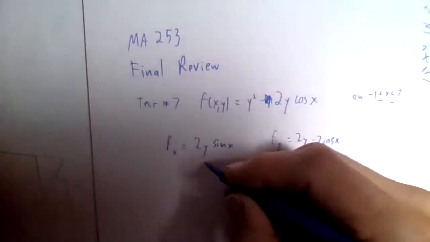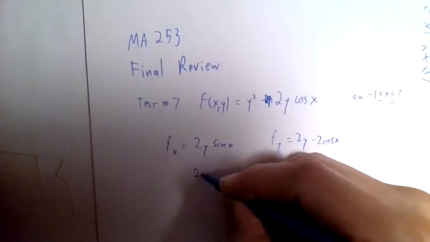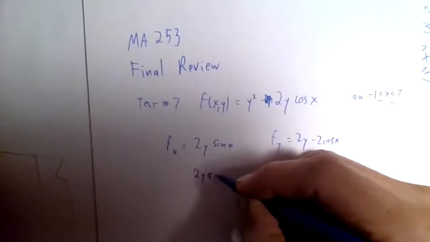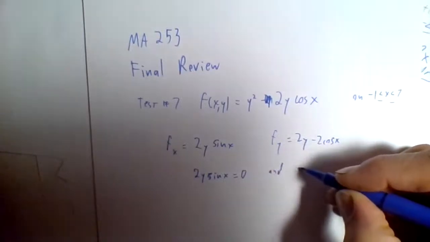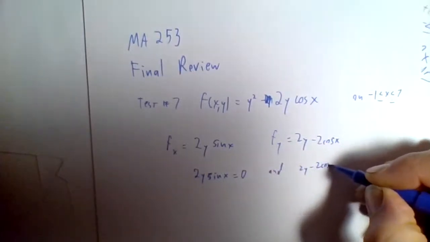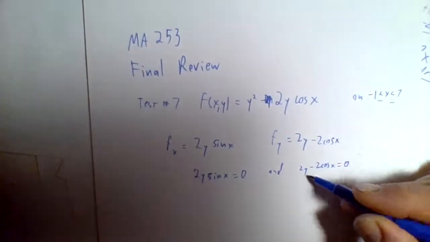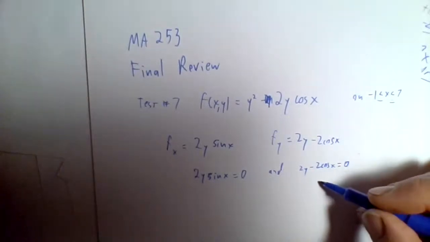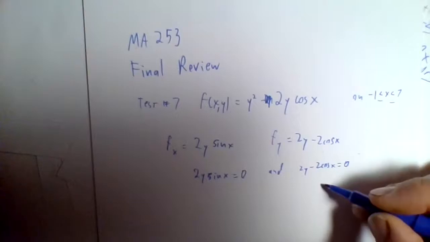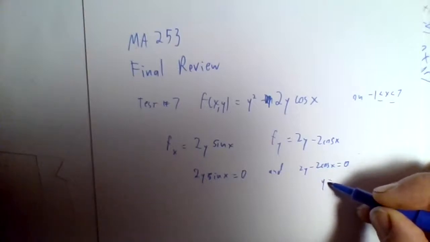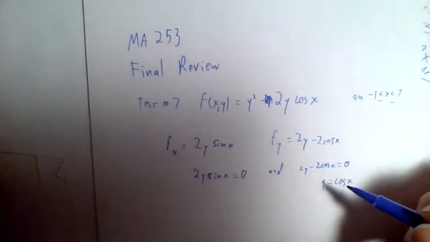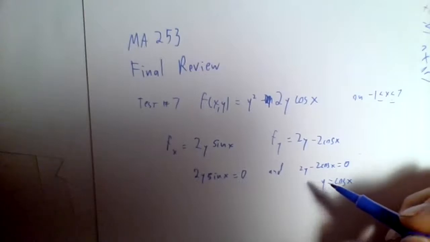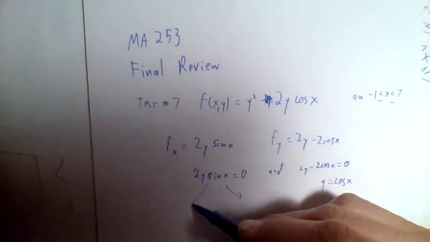So going on from there, we have to satisfy 2 things. Both of these have to be 0. 2y times sine x has to equal 0, and 2y minus 2 cosine x has to equal 0. This one, you got subtraction in there, so if you rearrange this thing, divide by 2, you get y equals cosine x. That has to be true. And this has to be 0, which actually breaks up into 2 possibilities. So this is a multiplication.